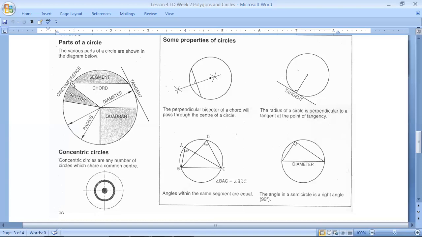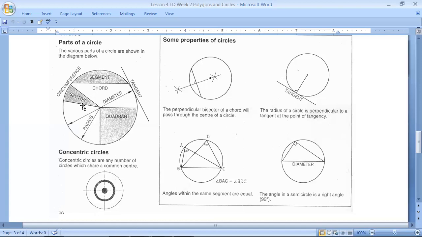If you draw this chord, this line, from circumference to circumference without passing through the center of the circle, the space formed we're going to call a segment. This line is the chord and the space formed is a segment.